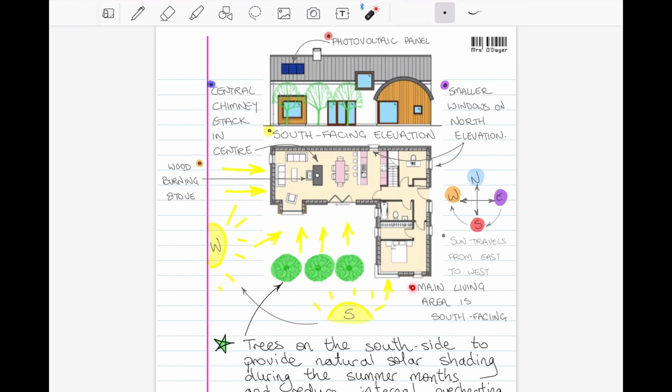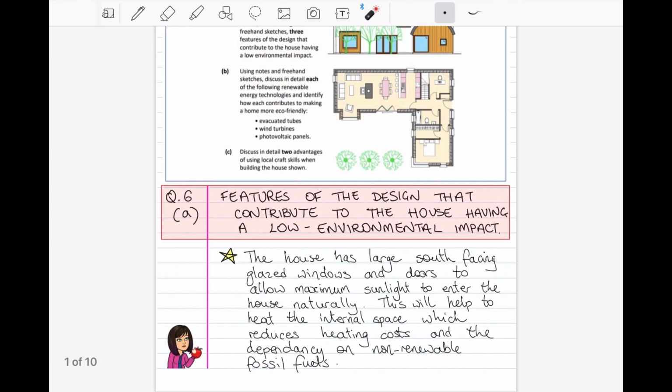So anything at this side of the house is going to be sunny and bright and warm, and the house will gain heat because of that. Whereas the opposite is true at the back of the house, and even this side on the east, there's one small window on the back of the house, in order to minimize losing heat from it being north facing. Okay, so that was the first thing I wrote down.